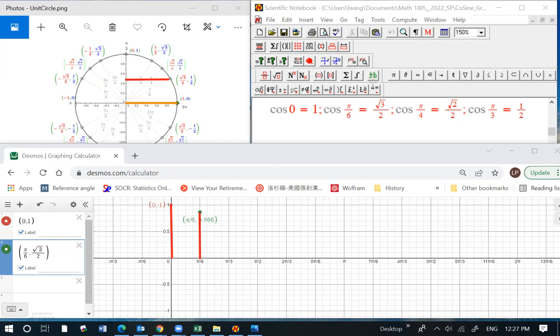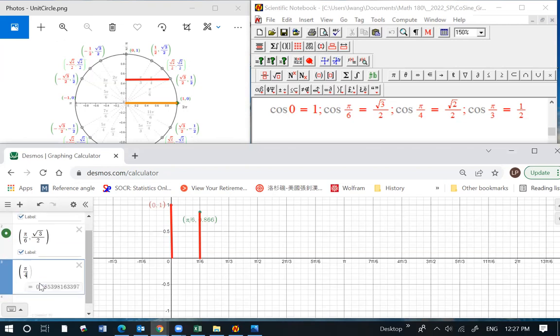For pi over 4, comma, √2 over 2. Okay, and that red bar is going to be over here.